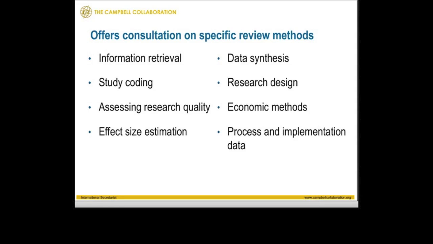We also provide consultation on the kinds of research designs appropriate for your question in a Campbell review, methods on how to incorporate economic information in a review, and methods on process implementation and data.